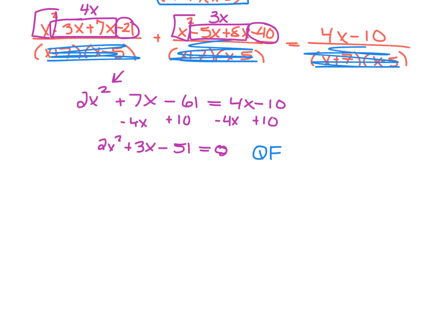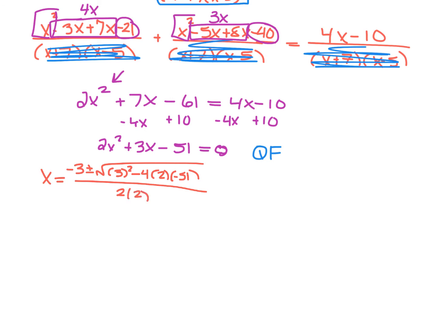So let's set up our quadratic formula. We have x equals negative b plus or minus the square root of b squared minus 4 times a times c, all over 2 times a, which is 2.